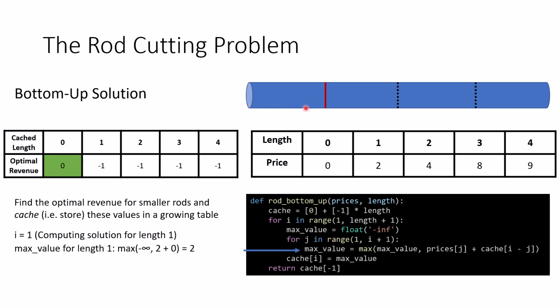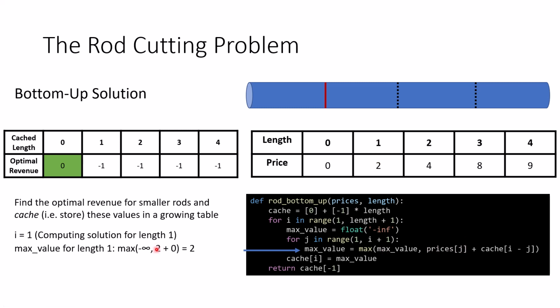Wherever I put this red bar, that's going to correspond to my i value. So what optimal rod length am I trying to compute? So I'm cutting it at the red line, and that's just going to be prices of a rod of length 1. So price of j is 1, which is 2.